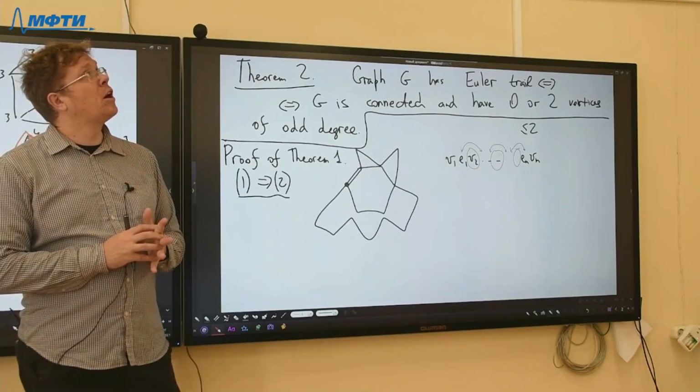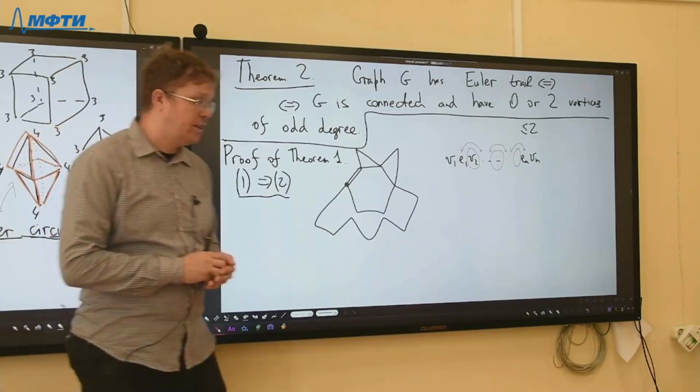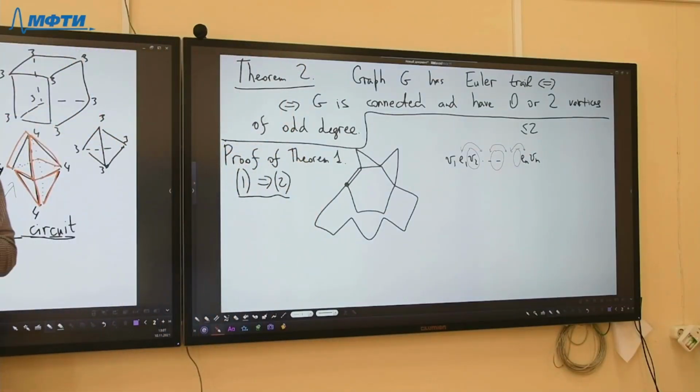I don't know how you call graphs with loops and repeating edges, multiple edges. Let me try to see how this is named in the vocabulary.